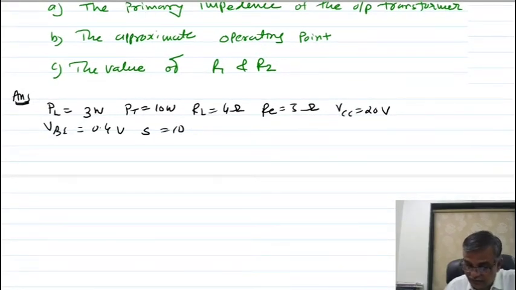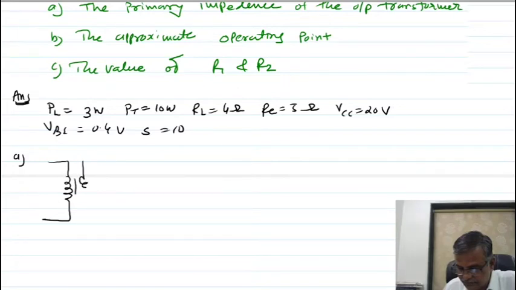First, I am trying to find the PL dash. What I will find? PL dash. You know this. This RL is 4 ohm. Here PL they are asking you 3 watt. This efficiency is 75%.